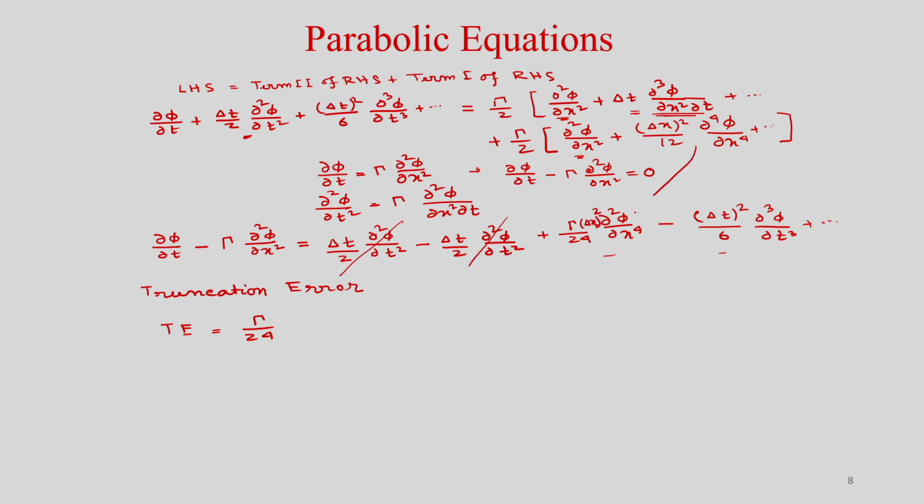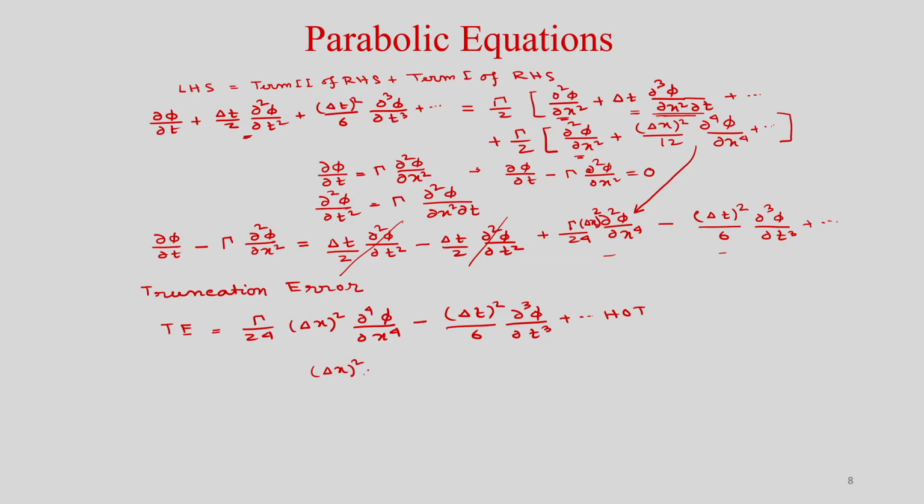Okay, so this term is coming here. So, it will be delta x square del 4 phi by del x to the power 4 minus delta t square by 6 del cube phi by del t cube plus other higher order terms.